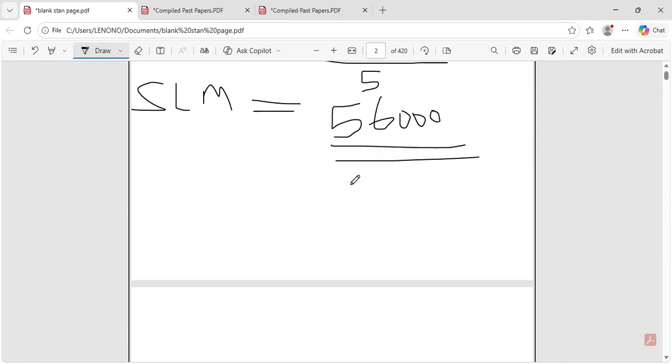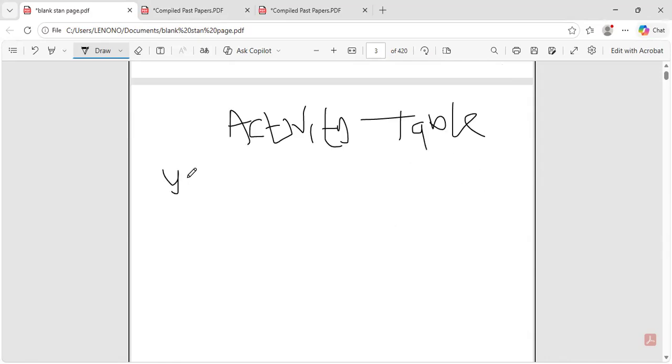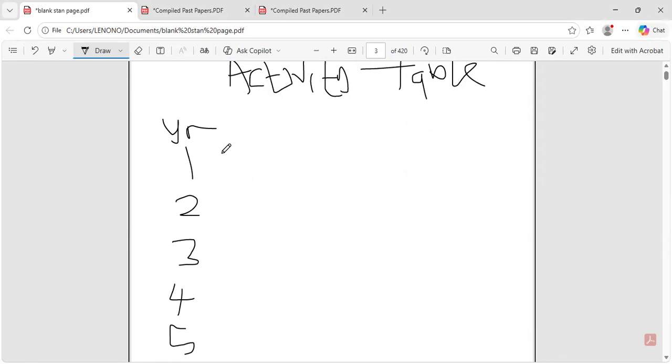Now let's do an activity table first of all. Here you are going to have years 1, 2, 3, 4, 5. The cost is 30,000.